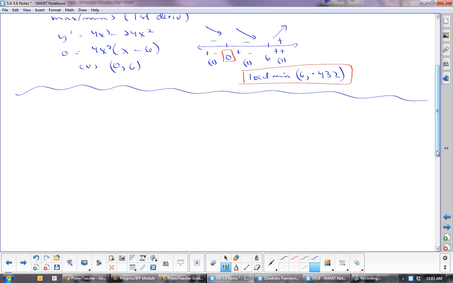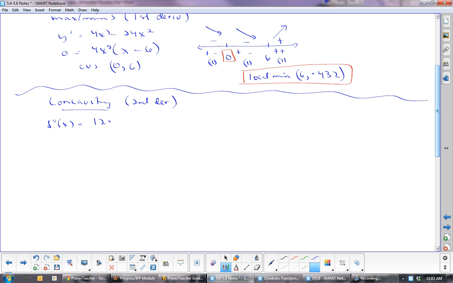So we're going to do, what am I looking for when I do the second derivative? Concavity. Okay, so that's the second derivative. So f double prime of x should equal, where's my old derivative?